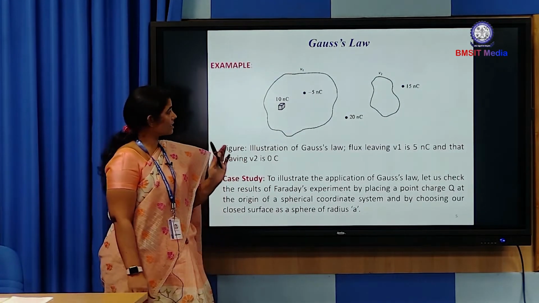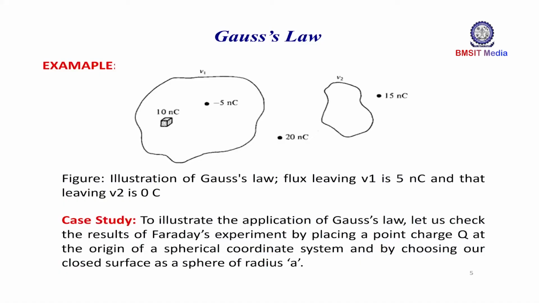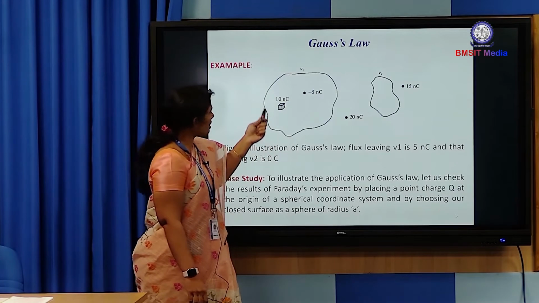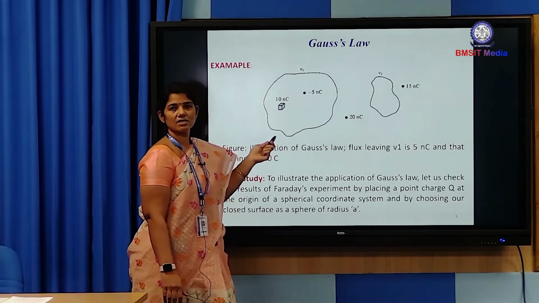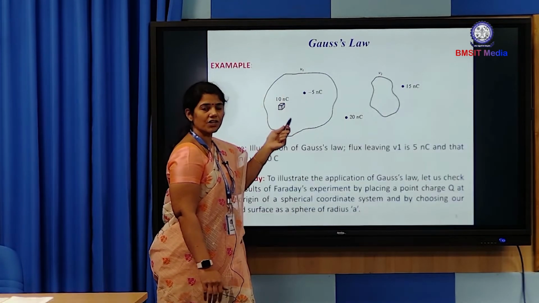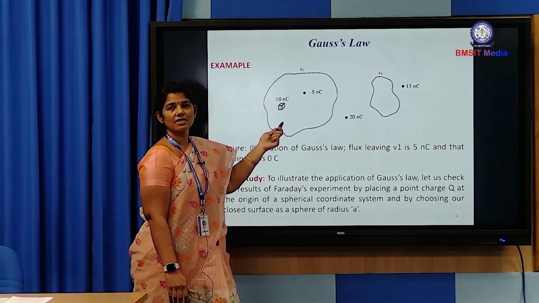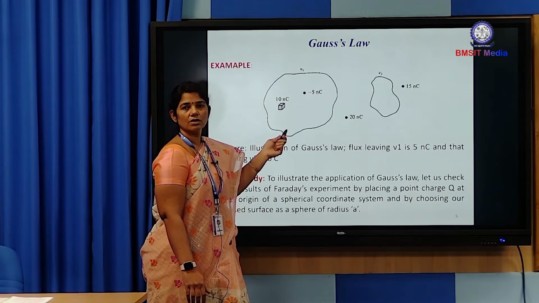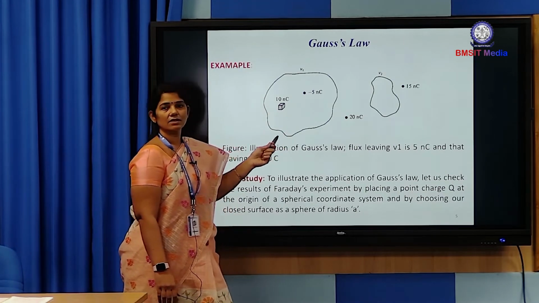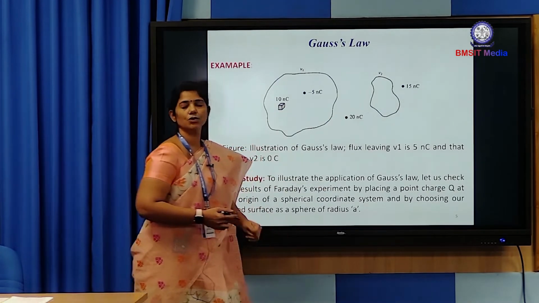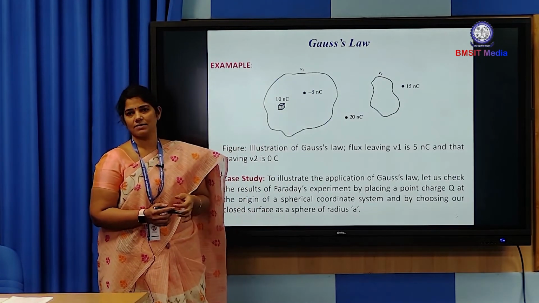Now, Gauss law is obeyed: the electric flux is enclosed by the surface, and the charge distribution exists. It is obeying, but the charge distribution for the closed surfaces V1 and V2 is not symmetric.